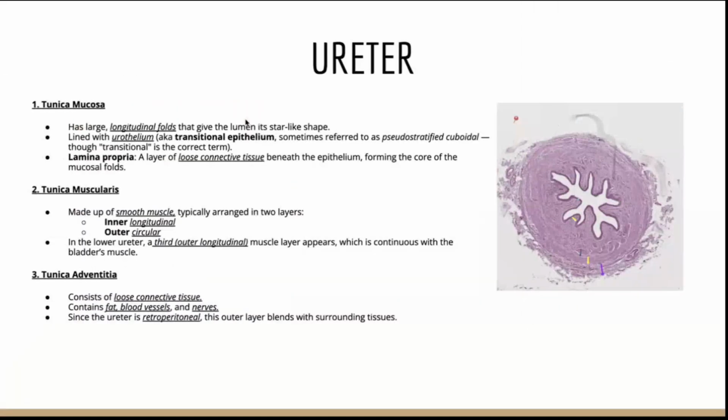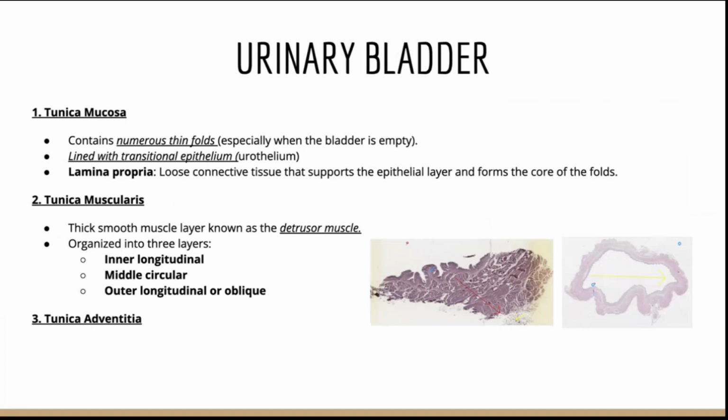Now, when we move on to the urinary bladder, it's again three parts: the tunica mucosa, tunica muscularis, and tunica adventitia. The tunica mucosa again contains thin folds and is lined with transitional epithelium called urothelium. The lamina propria mucosa is again loose connective tissue which forms the core of these folds.